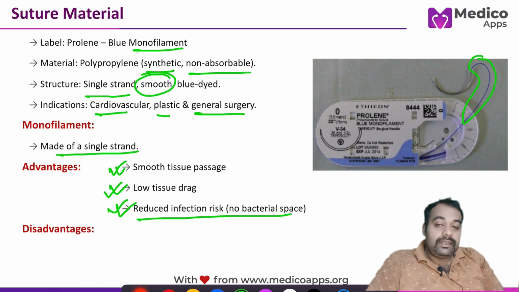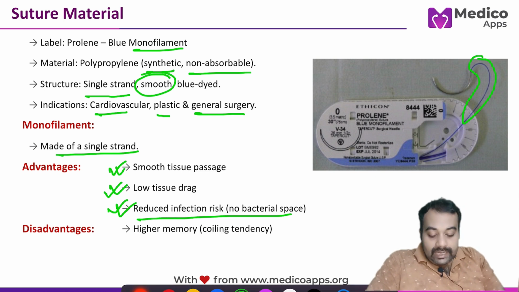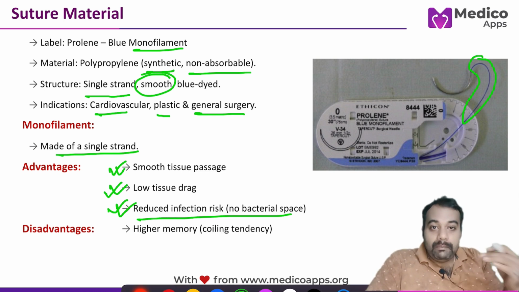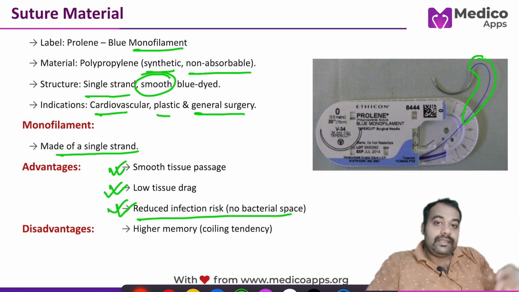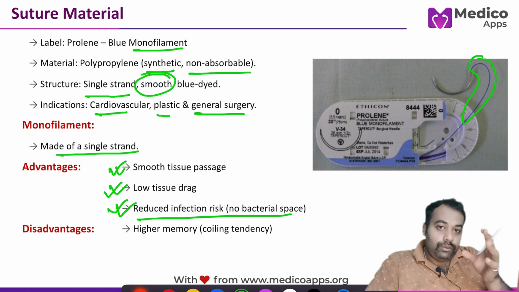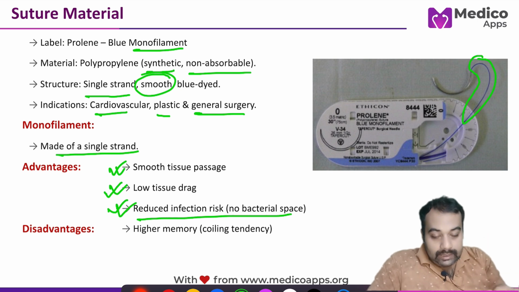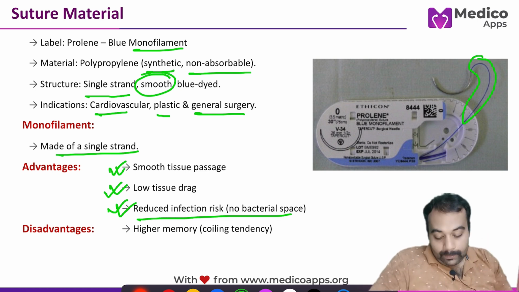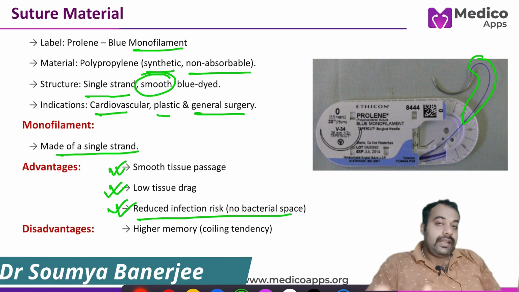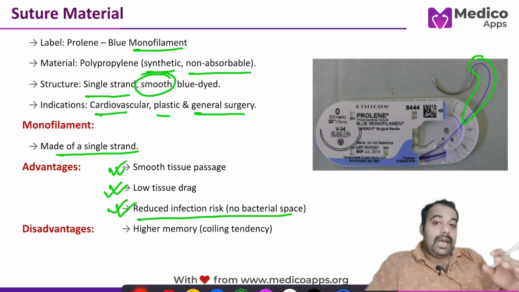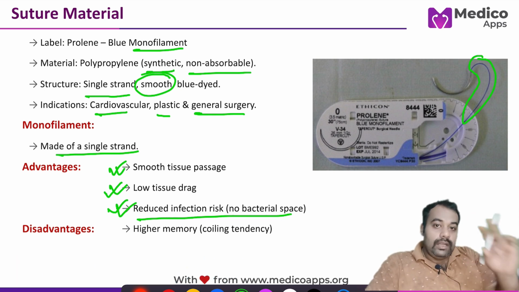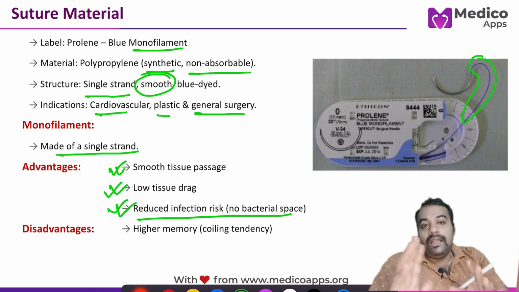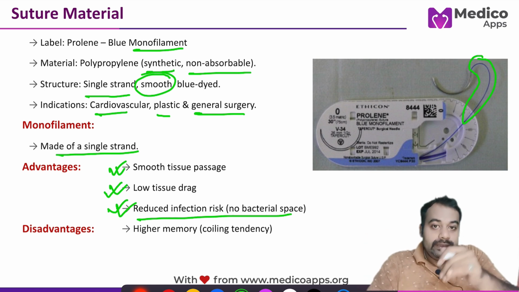Now the disadvantage is that its memory is higher. Higher memory means a coiling tendency, which is seen much more in the case of Prolene.